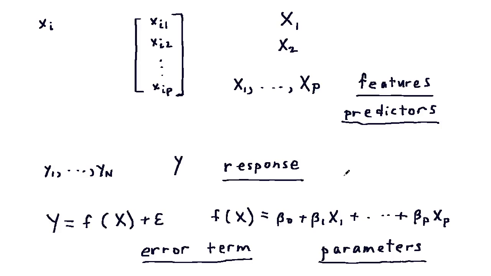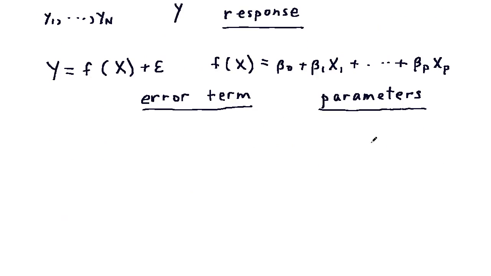Okay, now we don't know the values of beta 0 through beta p. However, we can use the training data to approximate the values of beta 0 through beta p. So what we'll do is look at the amount by which the predicted value f of xi differs from the actual value yi.